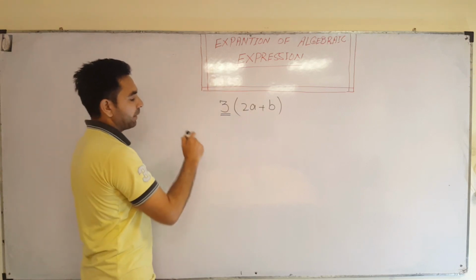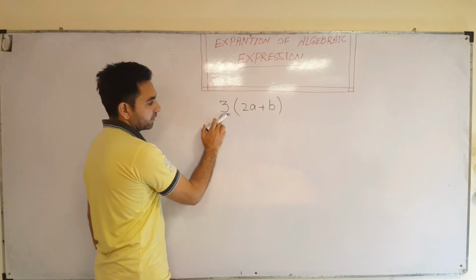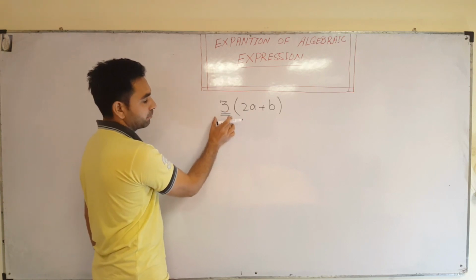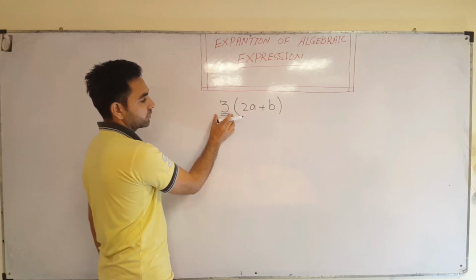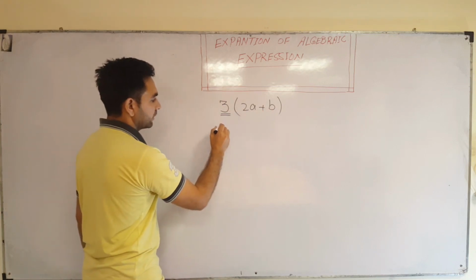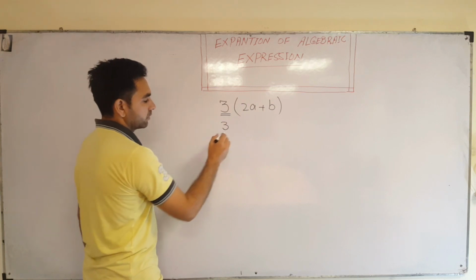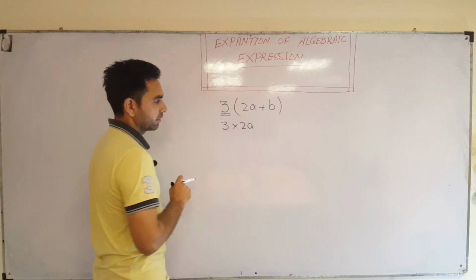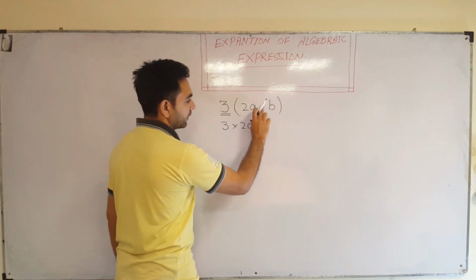So expanding means you multiply whatever the number is here to this term and this term. So this means that 3 has to multiply with 2a, and then you write down whatever sign is here.